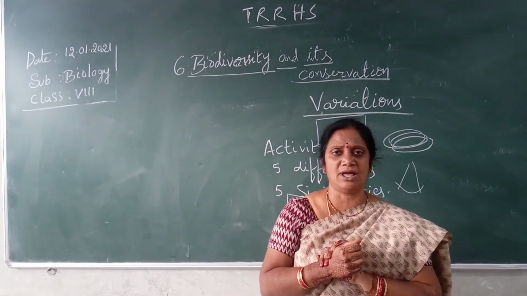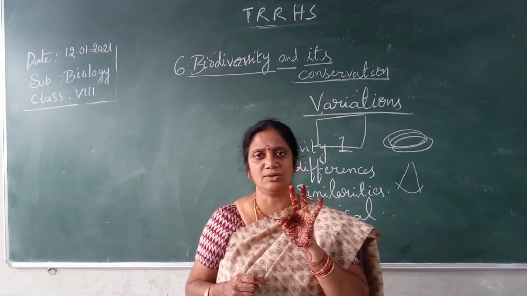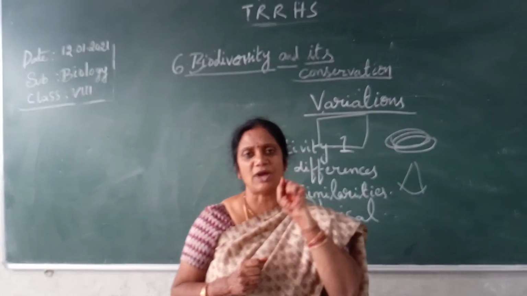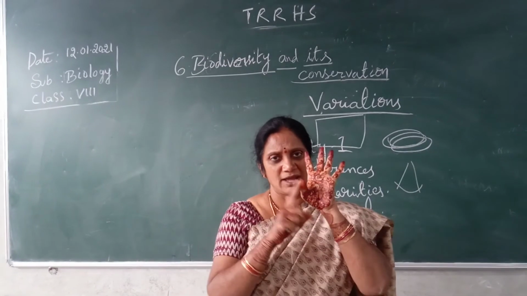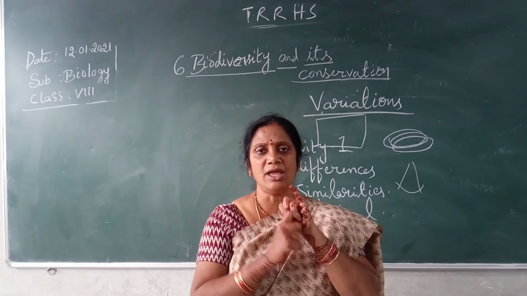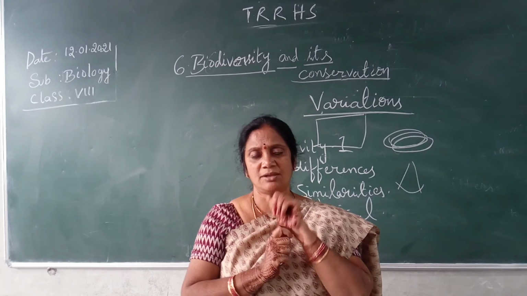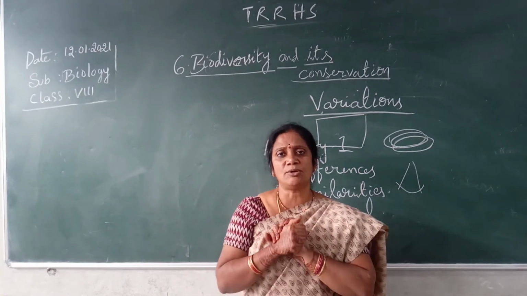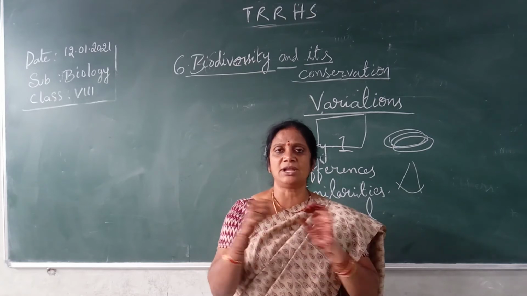We already discussed this in the third lesson. How many types of microorganisms are there? Five types. What are they? Viruses, bacteria, algae, fungi, and protozoa. They are considered microorganisms. They won't be visible to our eye, but they are present around us.